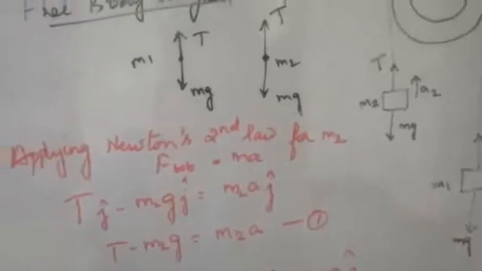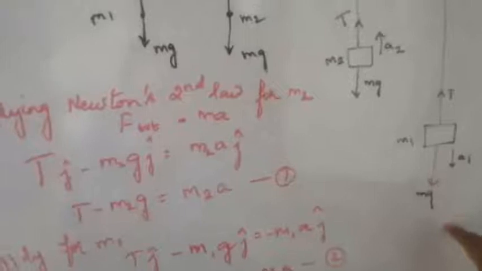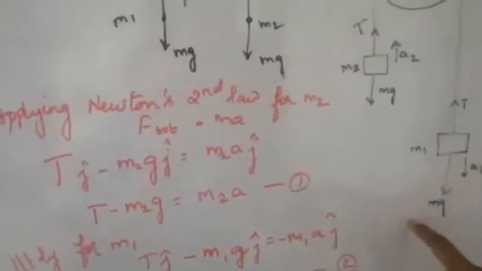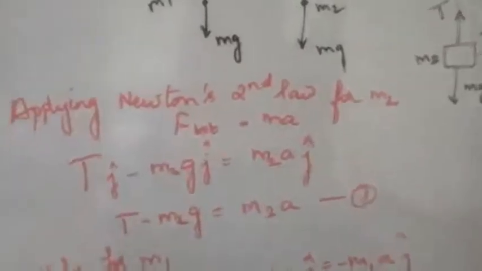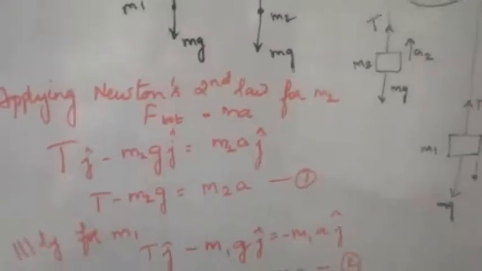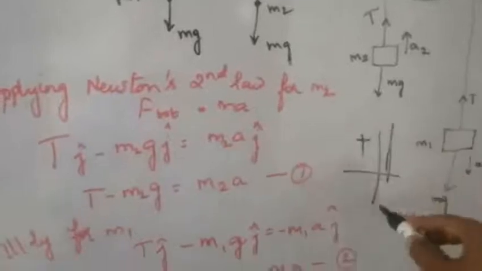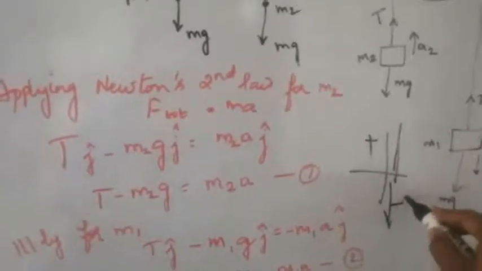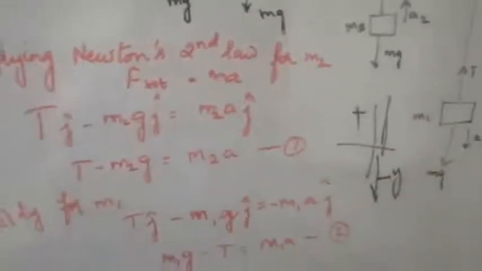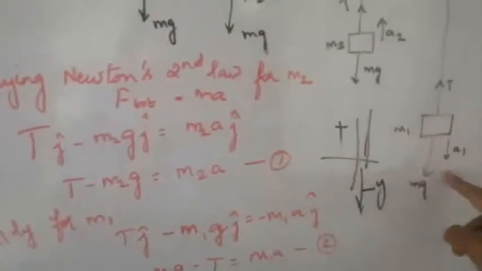In this case we have put minus m1a. Why? Because the acceleration direction of m1 is downwards. We always put a negative value for the downward direction, because this is vertical motion, so on the y axis, as you know, the upper part is the positive y axis and the down part is the negative y axis. So the acceleration in the negative direction is towards downwards.